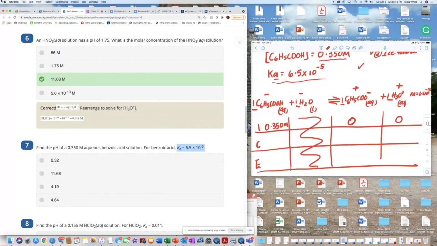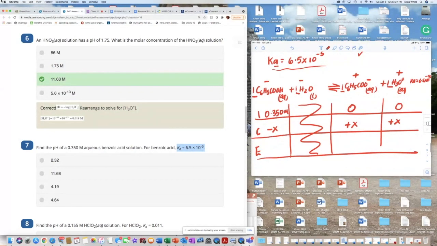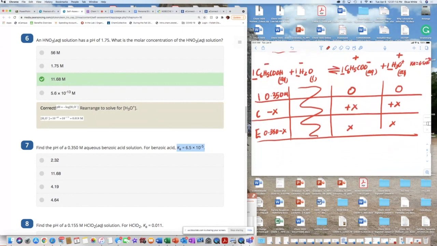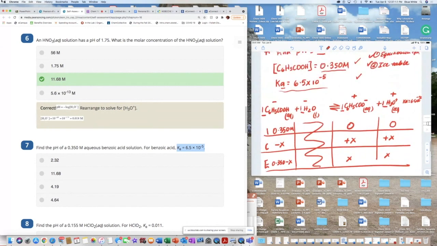So in the change row, you write minus x for the acid, and for the products you put plus x, because reactants are being consumed to make the products. Equilibrium amounts, you add the two. We have 0.350 minus x, x, x. I'm leaving the M out.